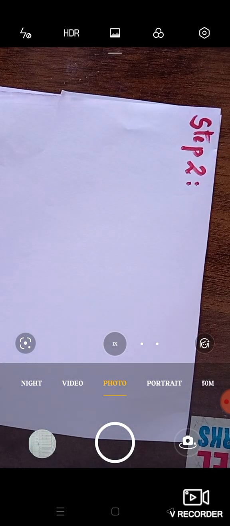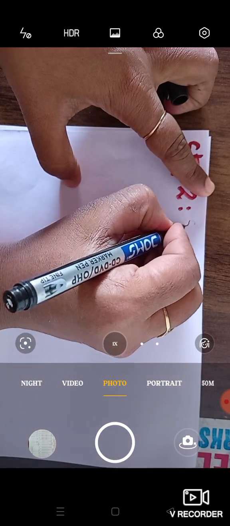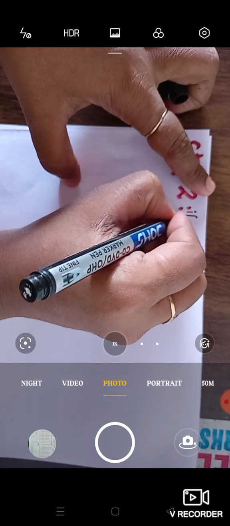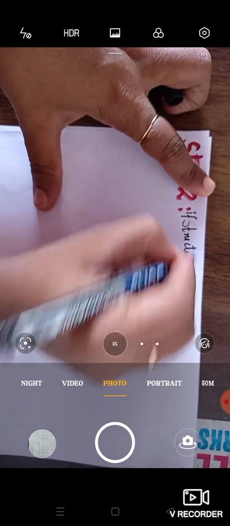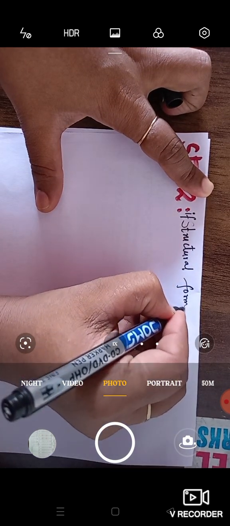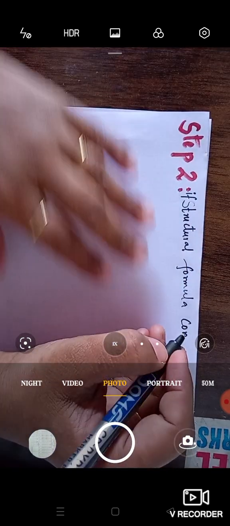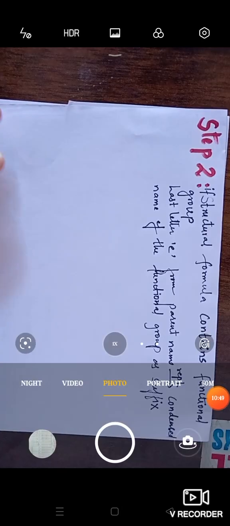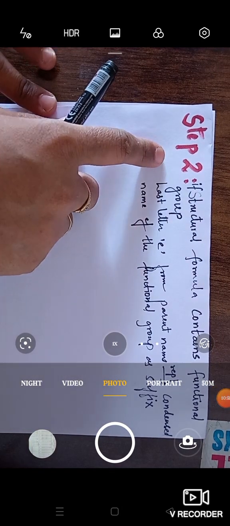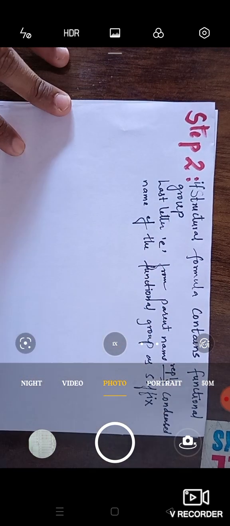Step 2. Now the second step is: if the structural formula contains a functional group.